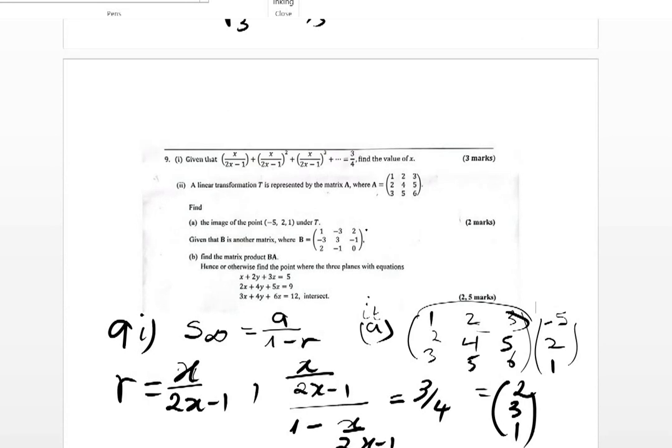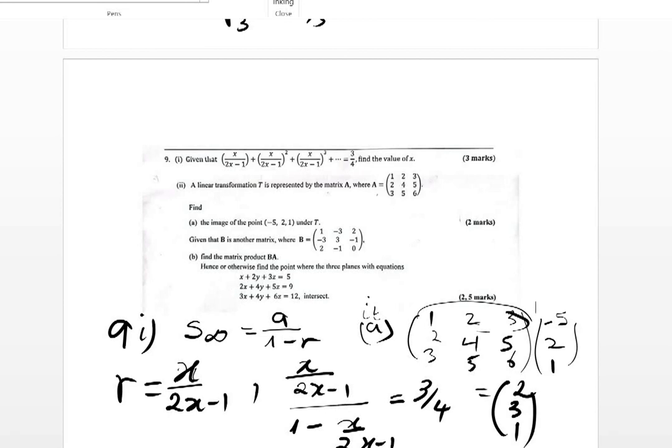Hence or otherwise, find a point where the three planes with equations intersect. Where these three intersect is simply talking about, after finding the product, you have the inverse. Where they intersect is simply solving these equations, right? If you look at it well, you see the coefficients here.